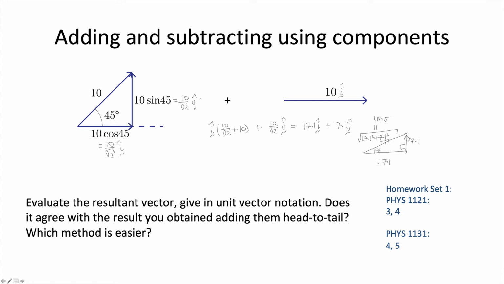Now we know the opposite and we know the adjacent, so we can use tan theta. So tan theta is equal to 7.1 over 17.1, and solving this gives us theta is equal to 22.5 degrees. So we've got 18.5 and an angle of 22.5 degrees above the horizontal, which is exactly the same as we got last time.